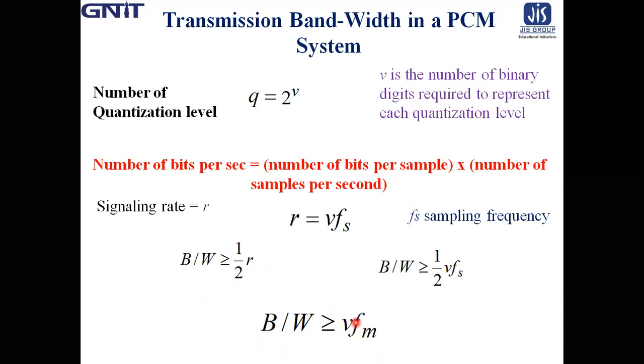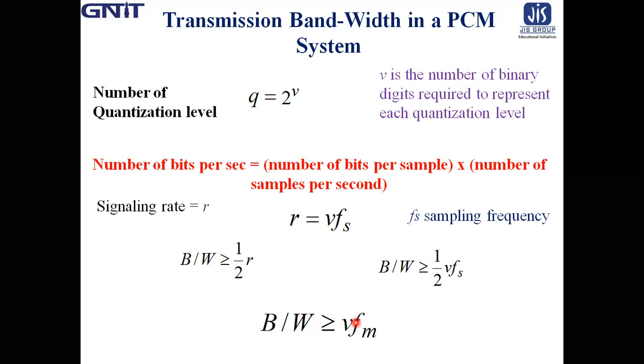Now, what if we increase the number of voltage levels? Then the step size is reduced, and your quantization noise is less.